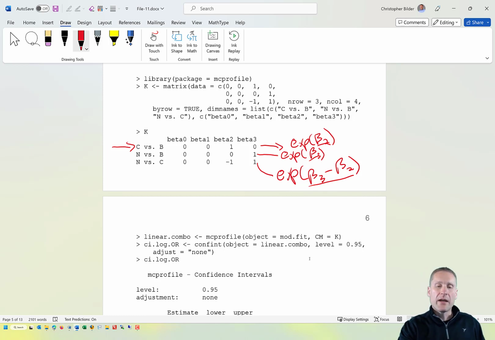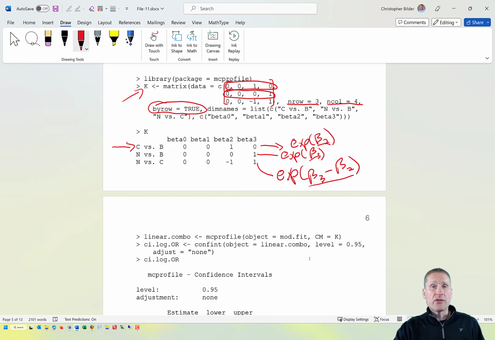How do I form that matrix? Similar to what we've done before. I have K gets matrix, and then I write out all those corresponding zeros and ones and one negative one. I write it out in a nice organized manner so that I have 3 rows and 4 columns, and of course I have to put byrow equal TRUE there so that when R enters these numbers into the matrix, it will enter this one into the first row, this one into the second row, and so on.